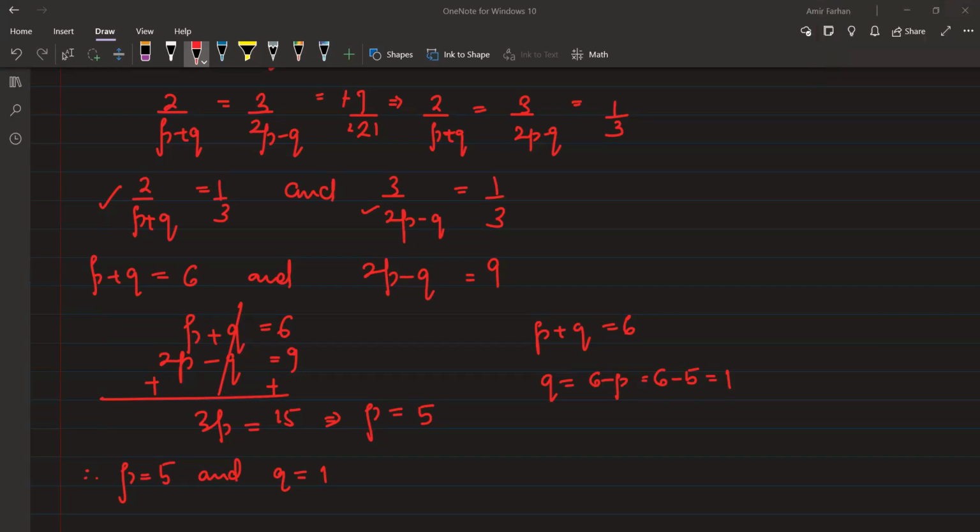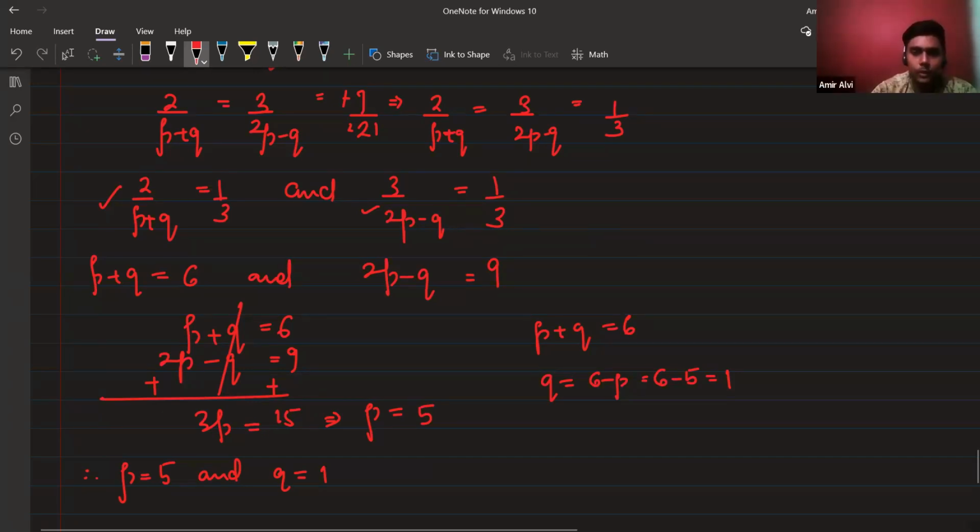Sir, when we change the sign, if it's positive we change it to negative, and if it's negative we change it to positive. Okay, let me paste the question and then I will answer your query.